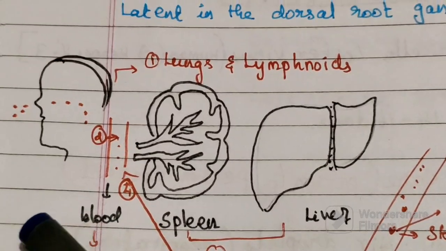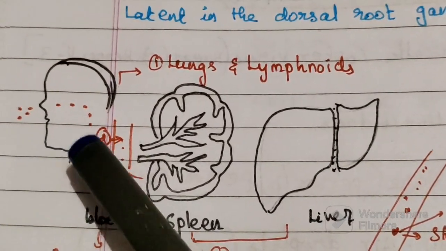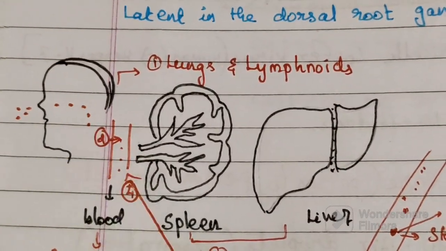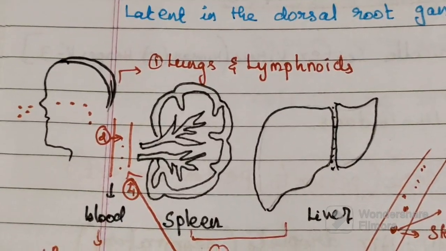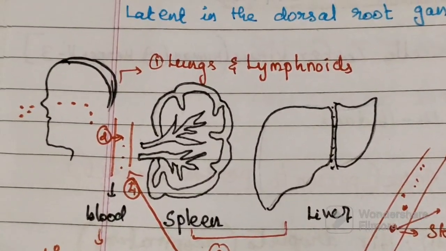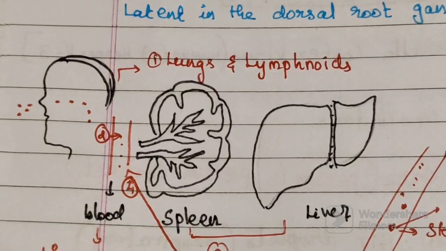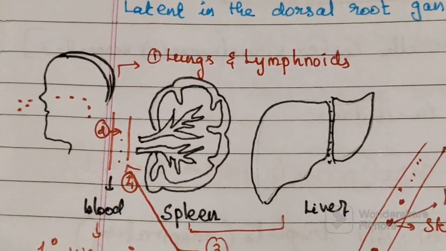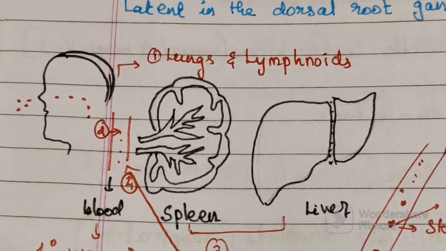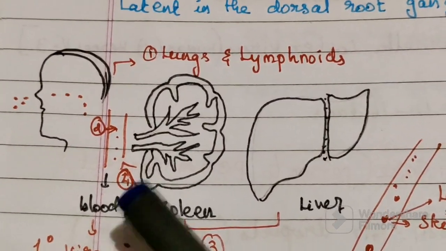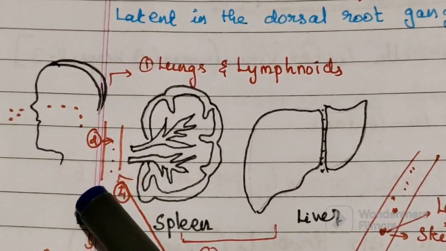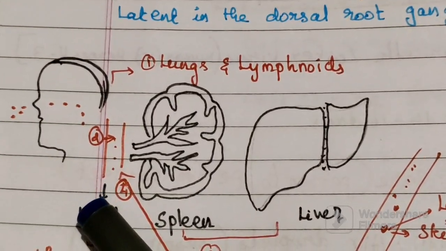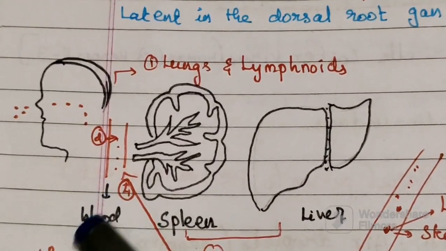In this person, the virus enters via the respiratory tract, going to the lungs and lymph nodes. From the lungs and lymph nodes it goes to the lymphatics, and from the lymphatics it reaches the blood, causing primary viremia.